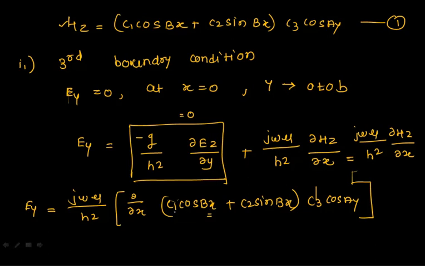So the C1 will come into picture and this sin of bx का जो भी derivation होगा आपका वो यहाँ पे sorry sin of bx this will be 0. So this term will be 0 and this will be 1.